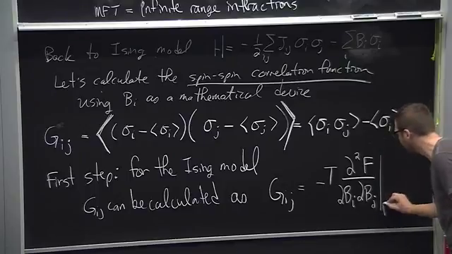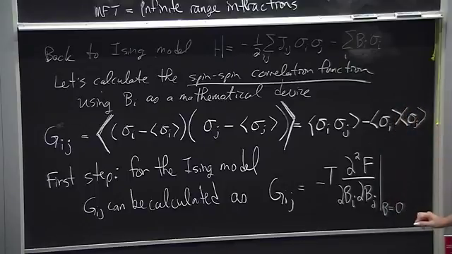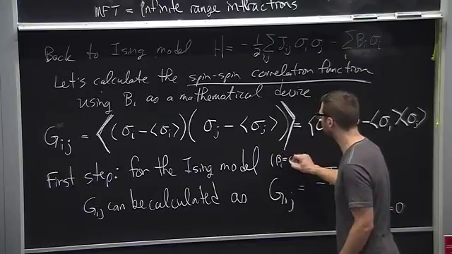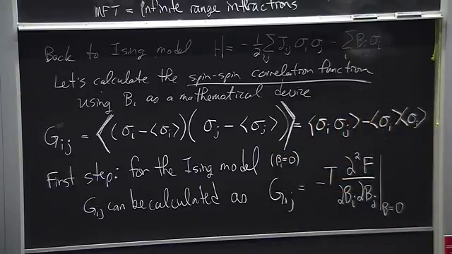And I'm going to set the field equal to 0. So this is really only valid for the Ising model with none of these fields. And then we're going to use this to calculate this thing here. Okay, so we have to prove that thing first.